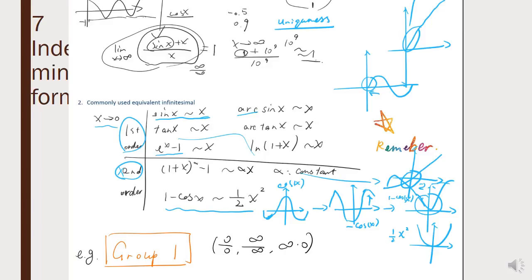It can help us find the limit quicker, because we can always simplify our function to something much simpler, like x or x squared. This one is very special, and I think it's going to take you a little while to remember. So write down what I wrote here and try to remember exactly what is shown here.